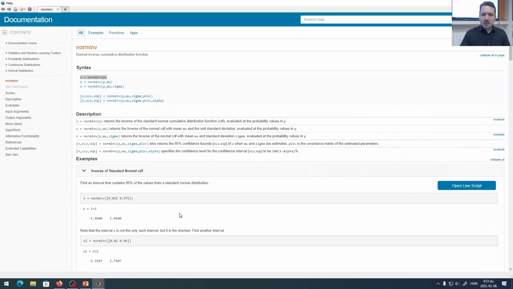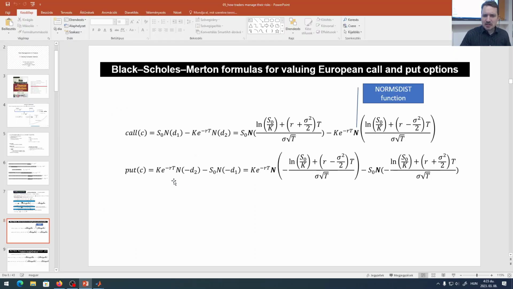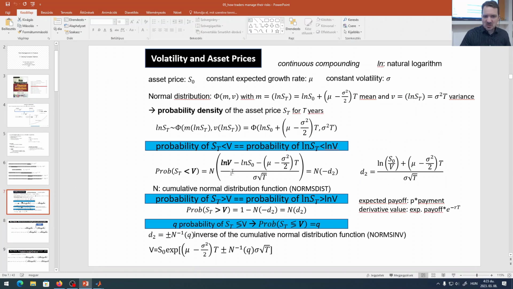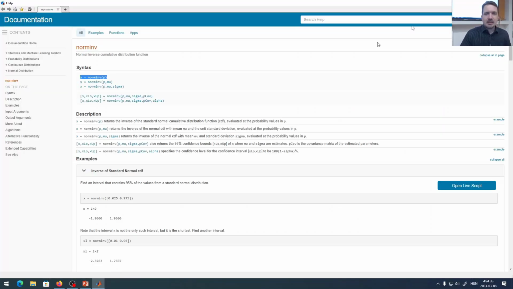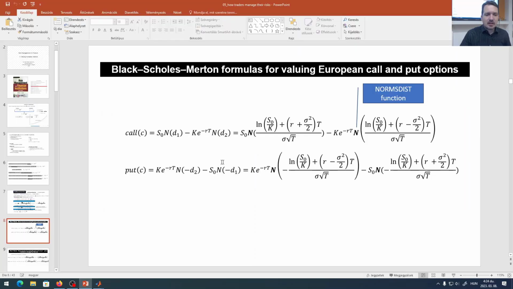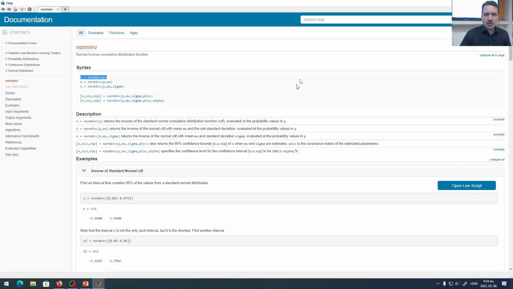No, it's not inverted. Oh yeah, sorry. Why was I remembering inverted? It was also not inverted. That's why it's probabilistic. Okay. Norm list.